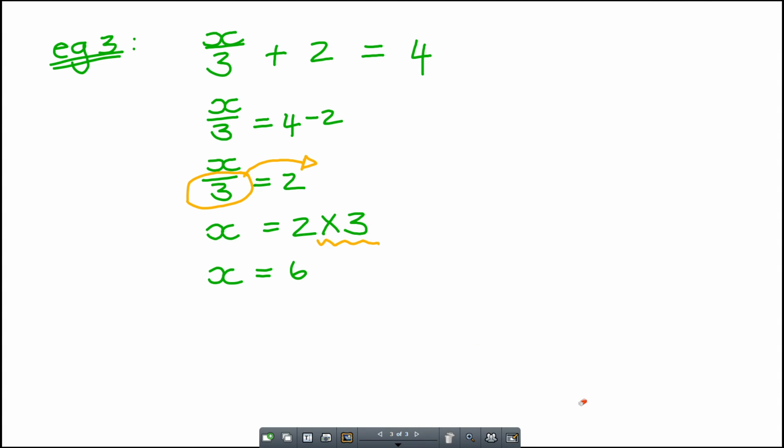Okay. Now, are you sure you understand this? Because the next one is going to be a bit more difficult. Right. Last example. Example 4. x over 3 plus 2x minus 1 over 4 equal to 1.